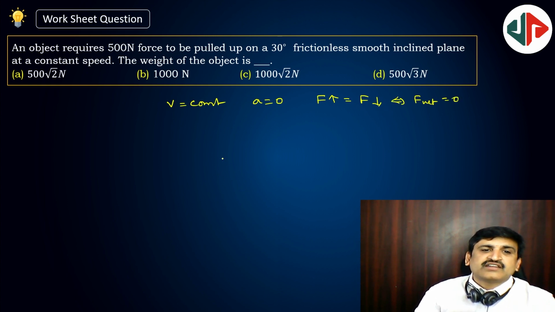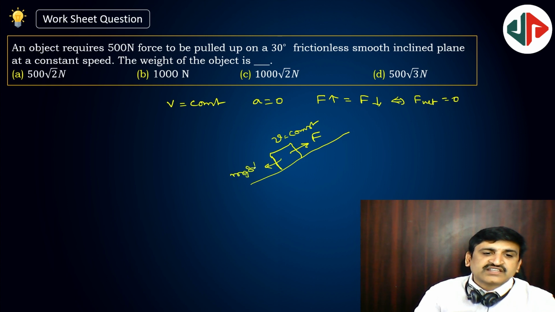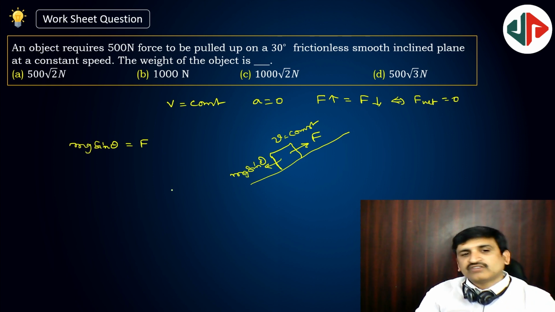On an inclined plane, the body is there. Upward force F is needed to maintain V constant. Downward force is mg sin theta. So mg sin theta equal to F, because the upward force must be equal to the downward force to have constant velocity.